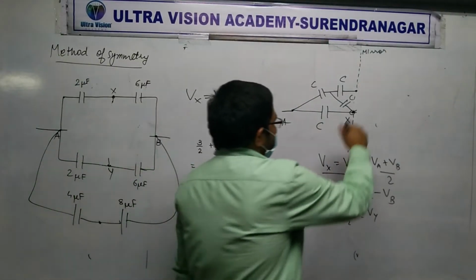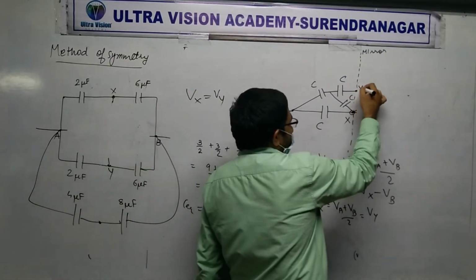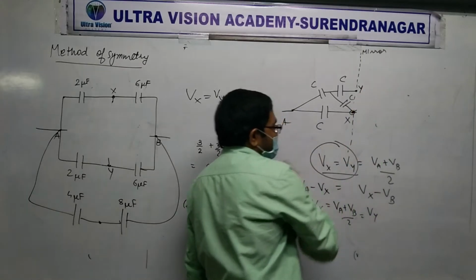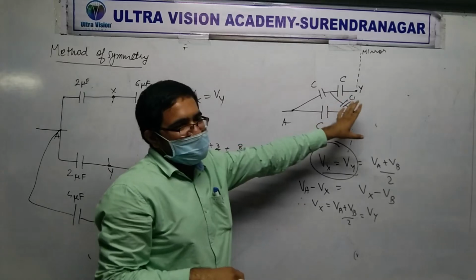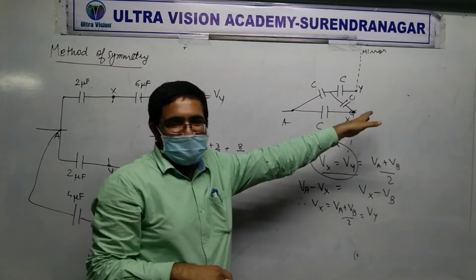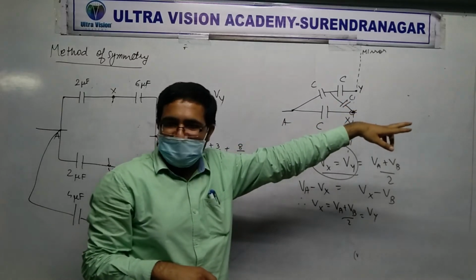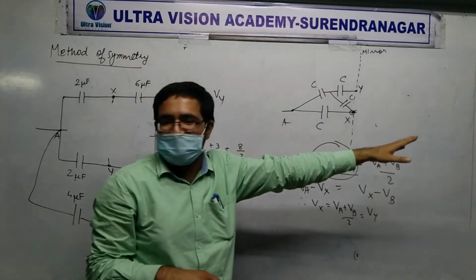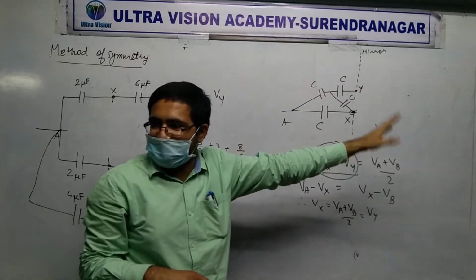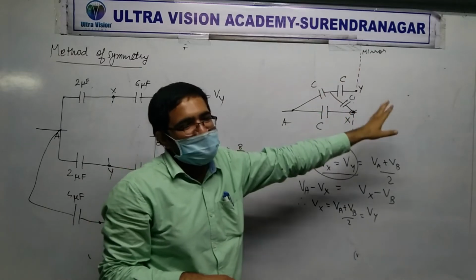It is used more for this: this is x and this is y, but Vx and Vy are same. What happens because of it? Just find this part and then whatever comes, it is 2 times in series. Yes or no? Because after this the same thing is connected again. Make sense? After this the same thing is connected one more time.